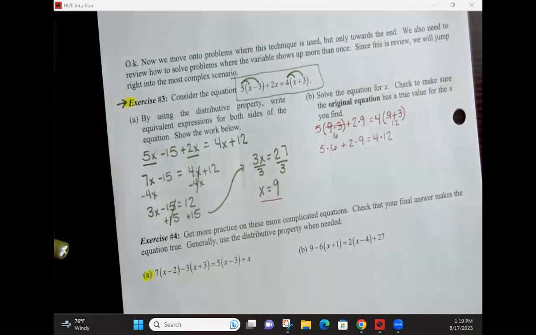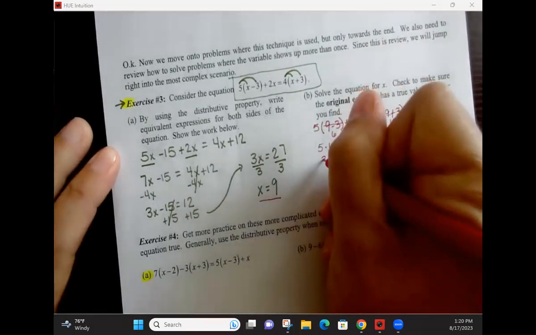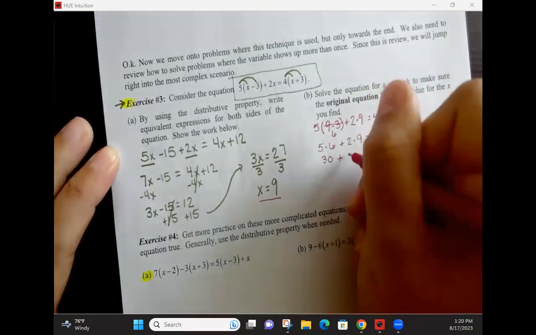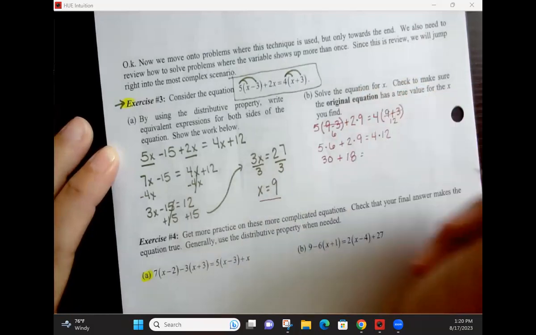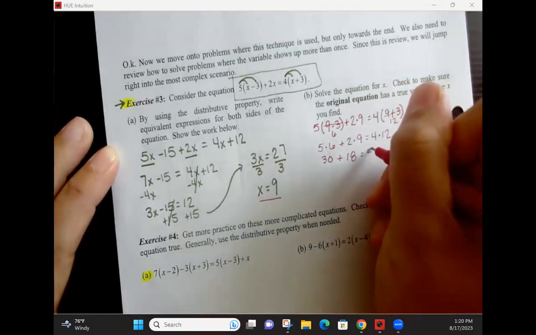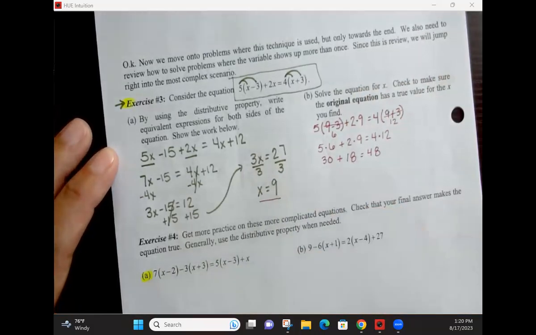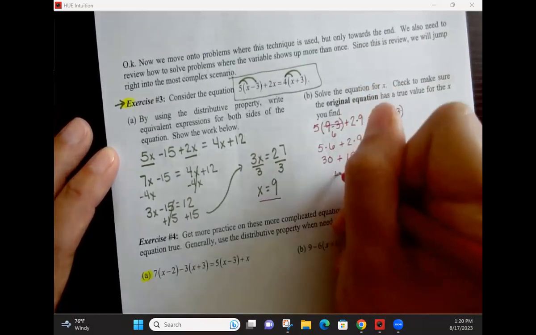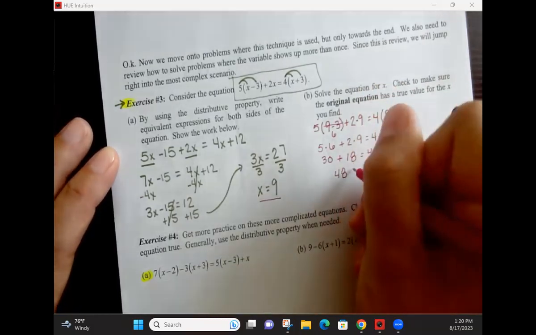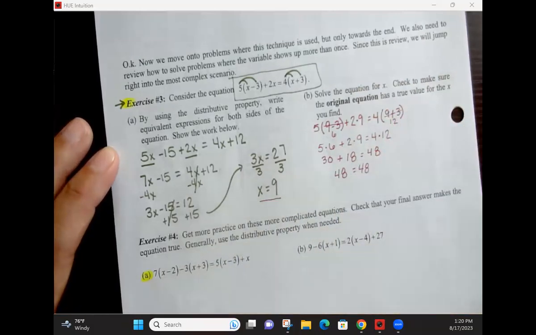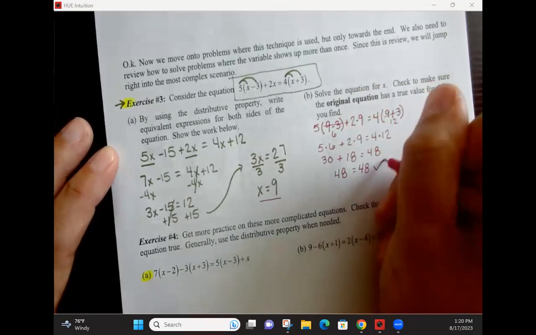I've got a whole bunch of multiplication, just going to work from left to right. 5 times 6 is 30, plus 2 times 9 is 18, equals 4 times 12 is 48. And then I've got one more operation here. On the left-hand side, 30 plus 18 is 48. Is 48 equal to 48? Is the left side the same as the right side? Yep, that means my solution works.